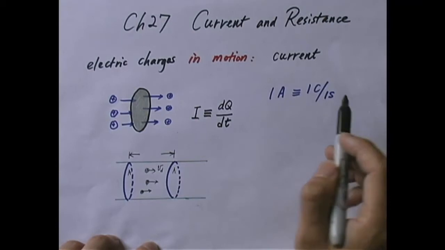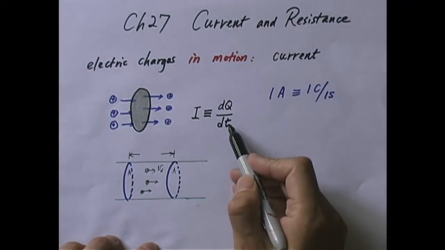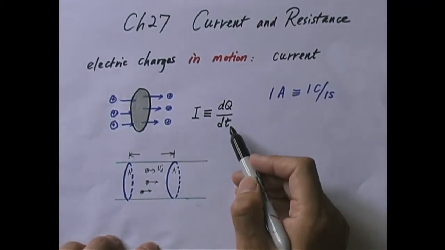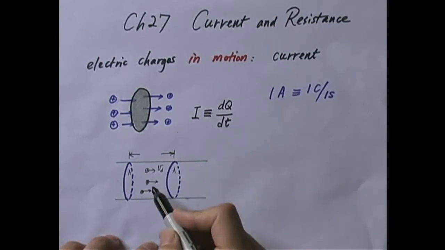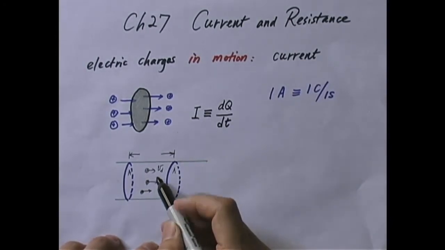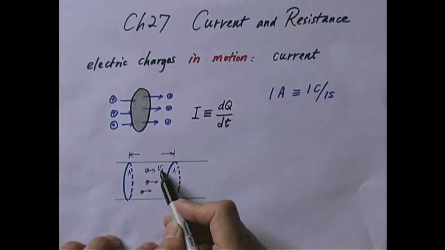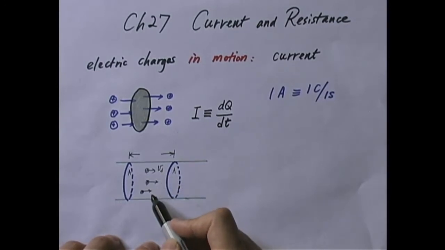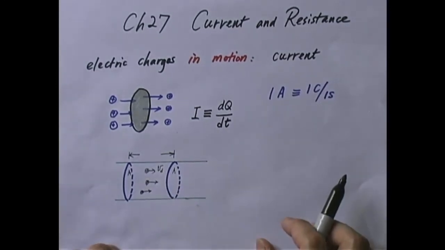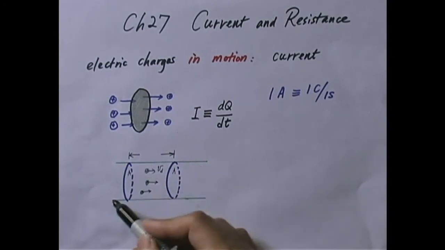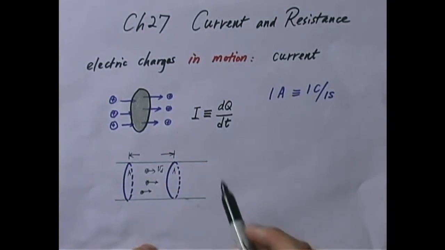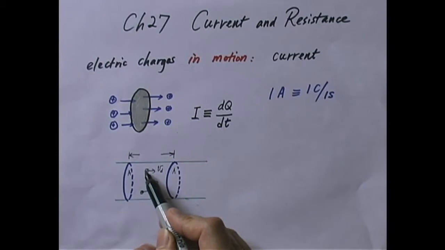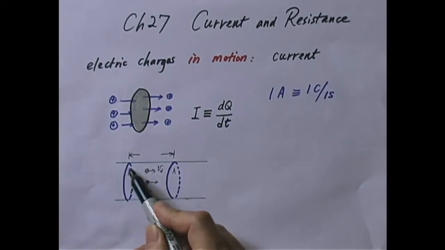Now, based on this definition, how do we calculate the electrical current from microscopic quantities such as how fast each charge moves, and how many charges there are per unit volume? Let's say this is a wire, and in that wire we've got positive charges flowing in a certain direction from left to right.